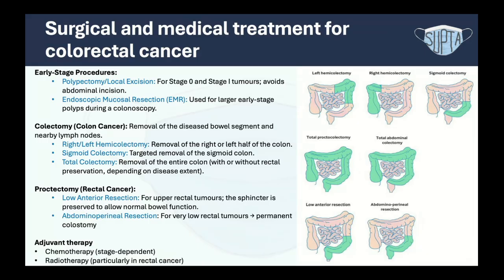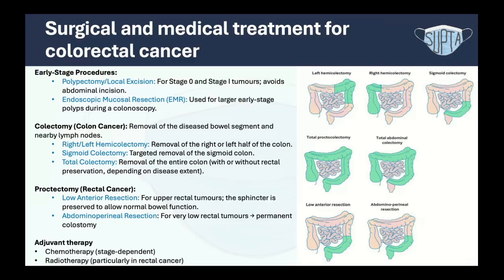For polypectomy, the cancer is removed as part of the polyp during a colonoscopy. So a wire loop will pass through the colonoscope to cut the polyp off the wall of the colon with electric current. However, for larger and flatter lesions, a local excision might be performed instead.